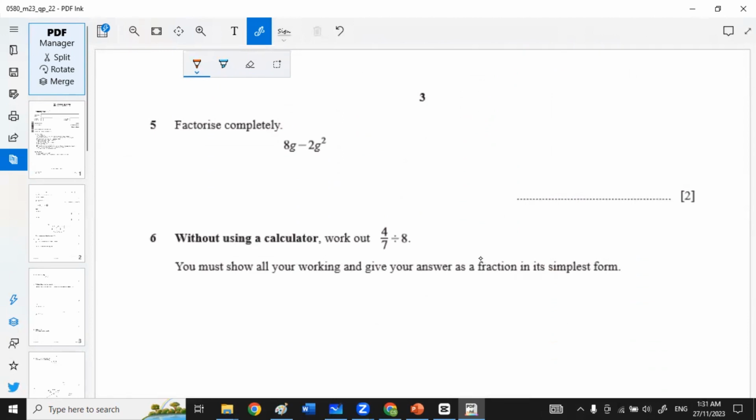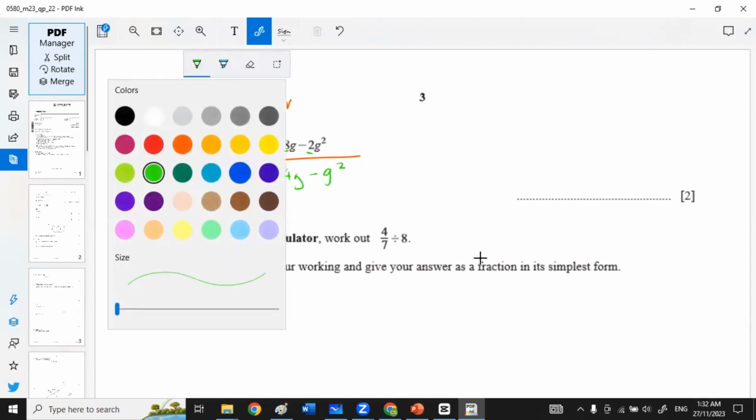Number 5, factorize completely. So factorize, we just find the common factor. Let's look at the numbers 8 and 2, they will give you 2, you get 4g minus g squared.